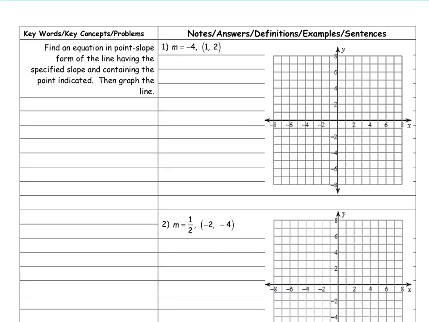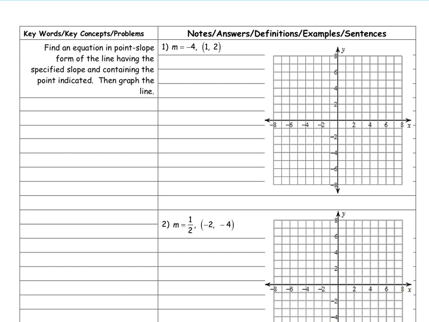So the first thing we're going to do, it says, is to find an equation in point slope form of the line having the specified slope and containing the point indicated, then graph the line. So I'm going to write the equation first, and then they're going to have me graph it.